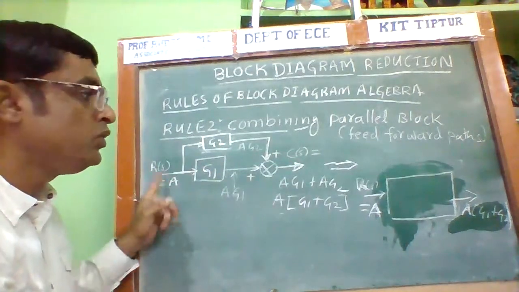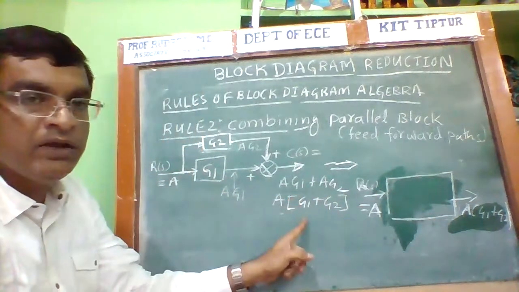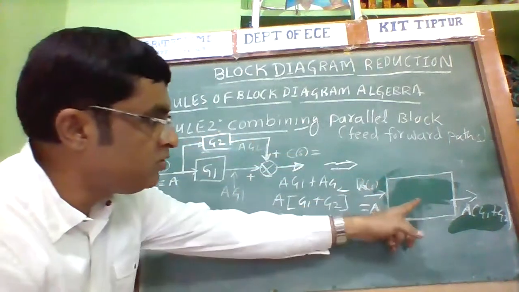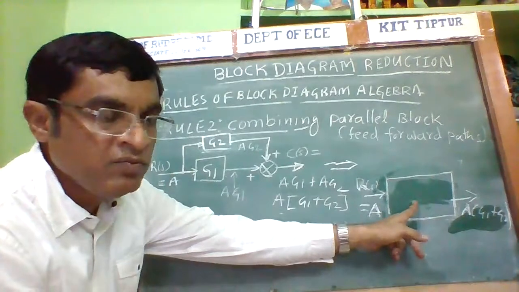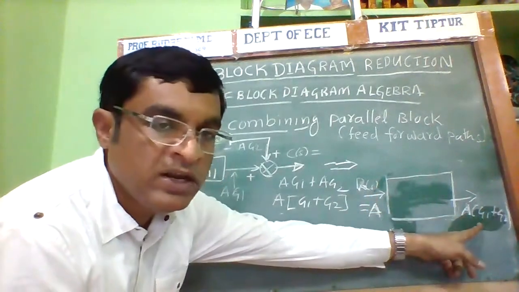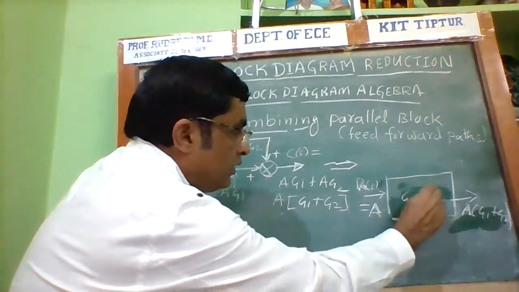Suppose A is the input, I should maintain A here, and the output also I should maintain here. Then if I want to reduce it to a single block, what transfer function should I place here? Because the input is A, in order to get A into G1 plus G2, we should place G1 plus G2.